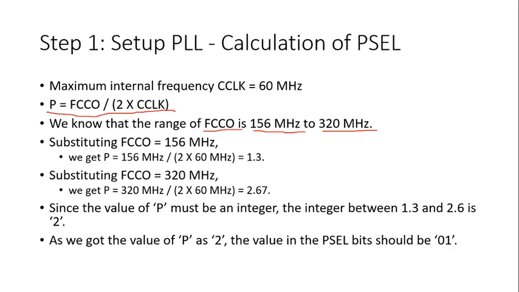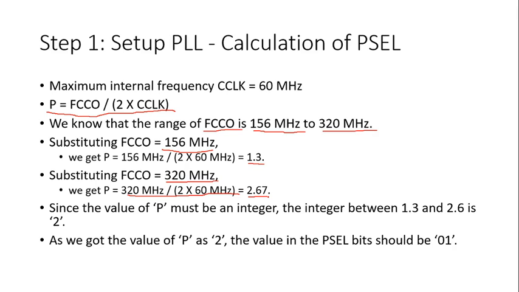So we will put the upper limit and lower limit there and find out what value of P we are getting. For the lower limit of 156 megahertz, P is equal to 156 divided by 2 into 60, so the answer is 1.3. Now if I put the upper limit of 320 megahertz, it is 320 divided by 2 into 60, so it comes out as 2.67.